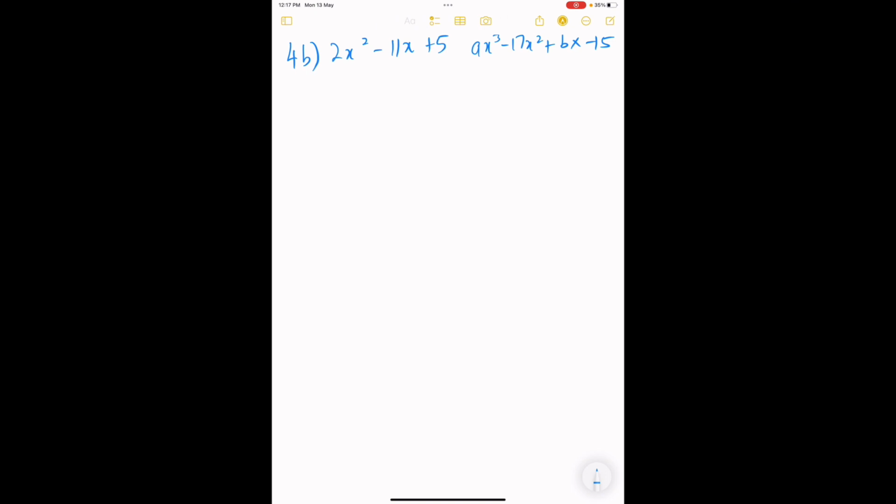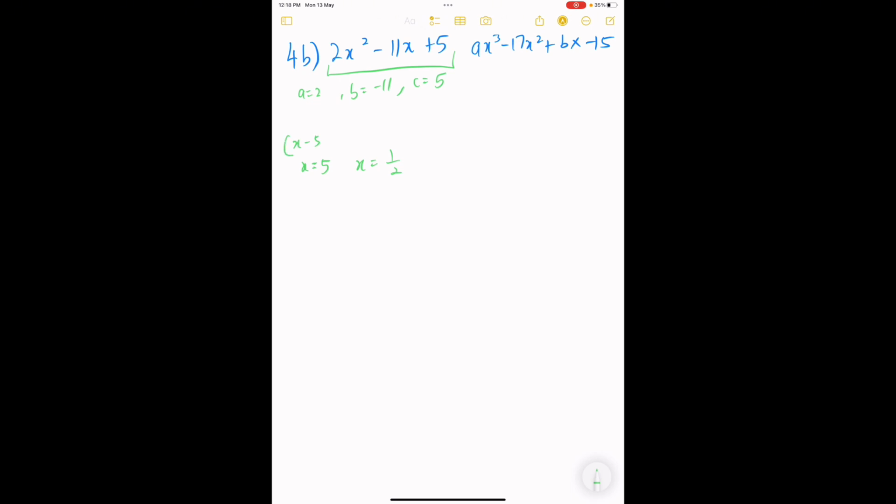First step is, from this, we will find the two factors or the values of x, which is you use your EQN, your calculator, you put a is 2, b is minus 11, c is 5, and you will get x is 5 and x is 1 over 2.